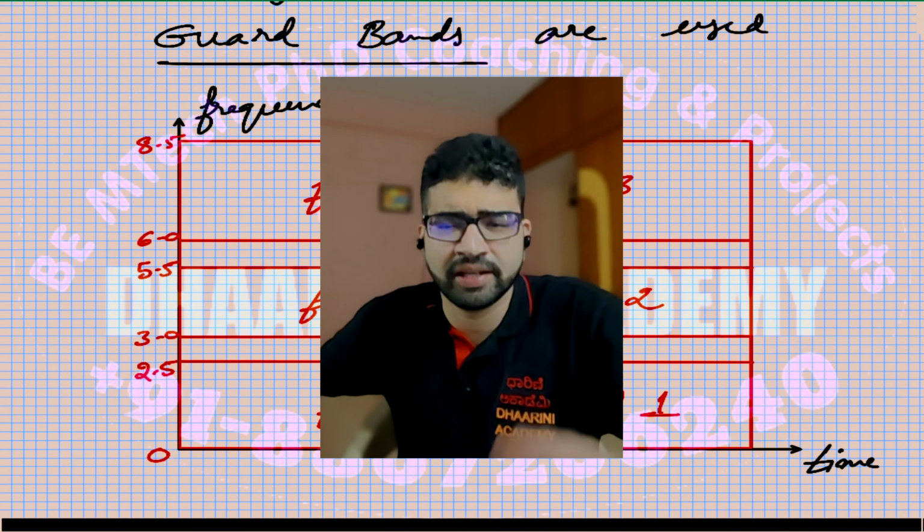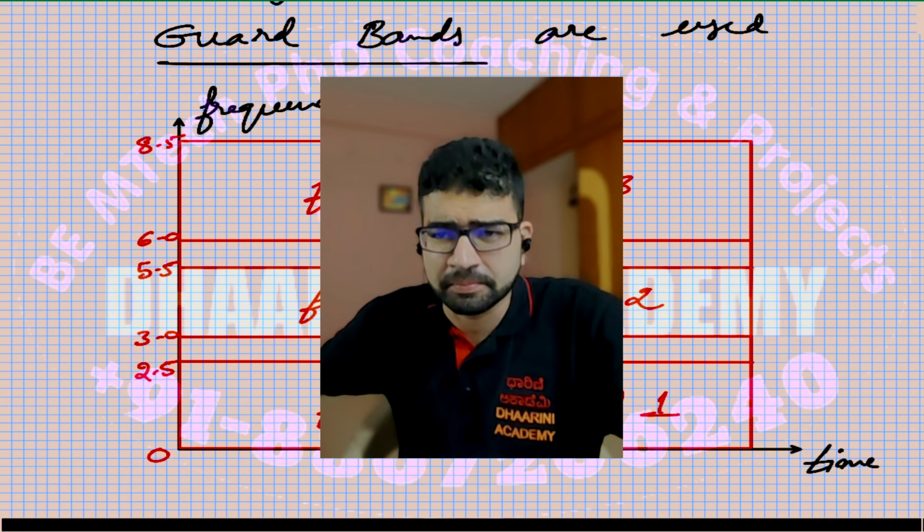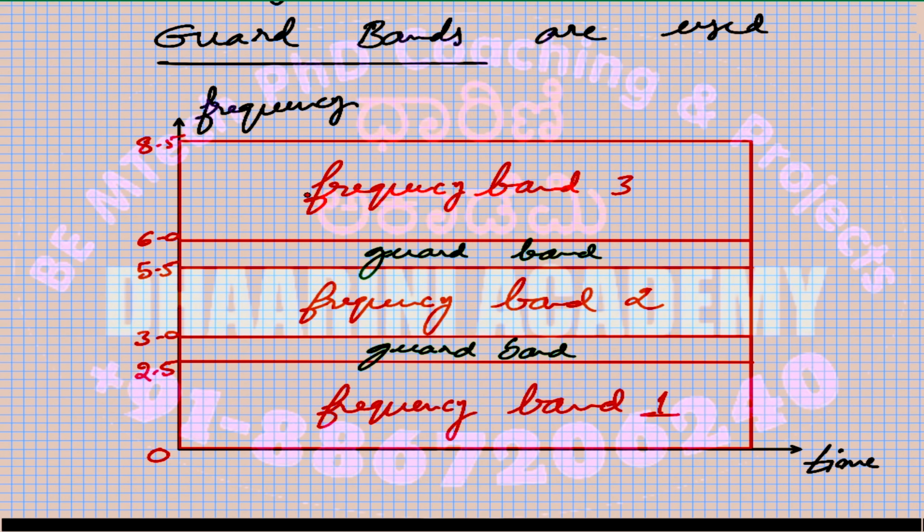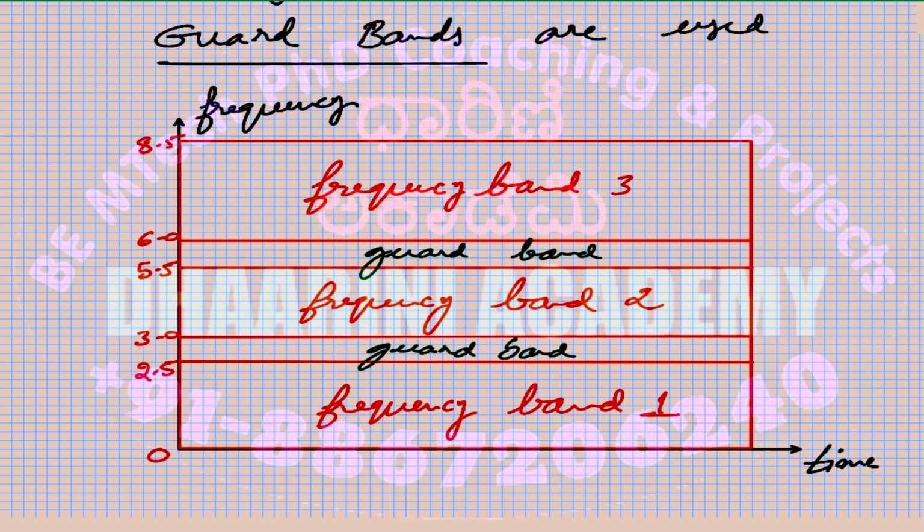So it's left to them what they want to use, but the frequency should be within this band. That's all. The allocated band should be used. Done. All right, let's move on.